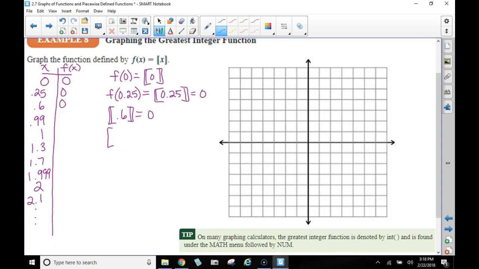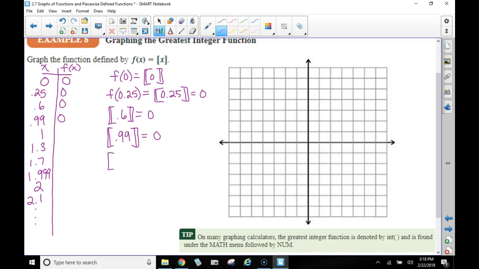Same thing for 0.99. What's the greatest integer that is less than or equal to 0.99? That's 0. Notice that we're not rounding here to calculate the greatest integer. The greatest integer means what's the greatest integer that's less than or equal to that number.